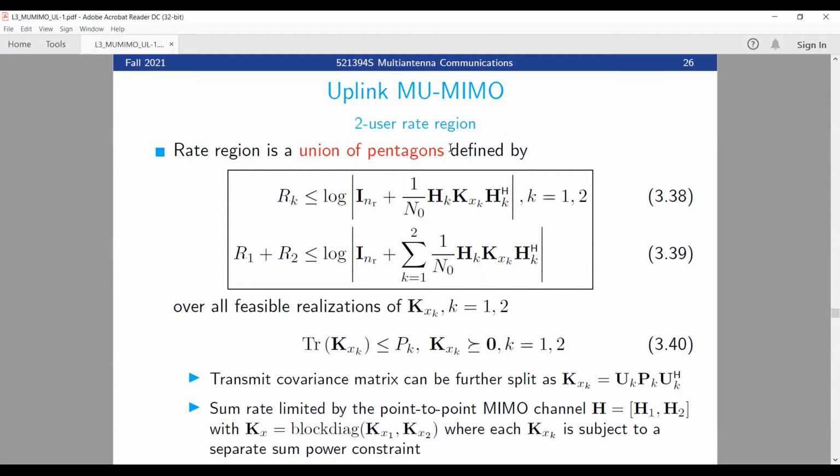Let's start with an assumption that the transmit strategy, the transmit covariance matrices, are fixed. One possible strategy, if you don't know the channel: what would the transmit covariance matrix be if there's no CSI? What would be KX1?